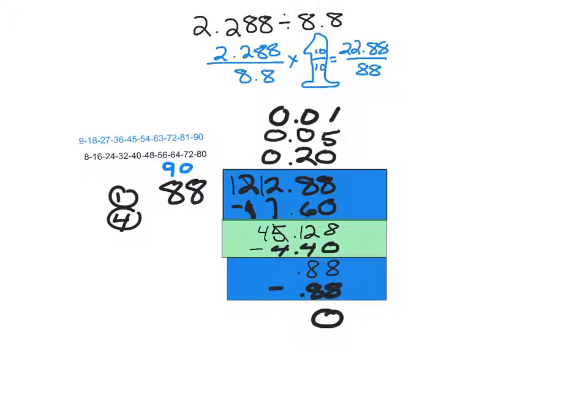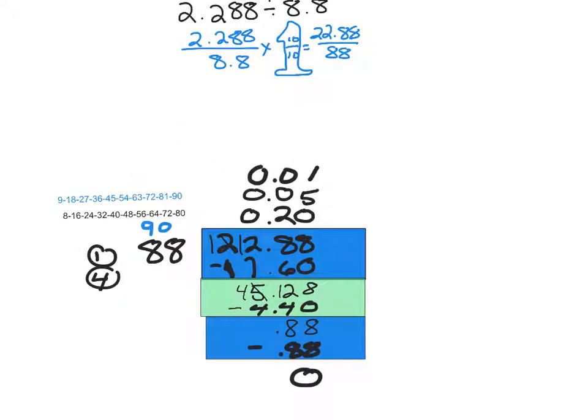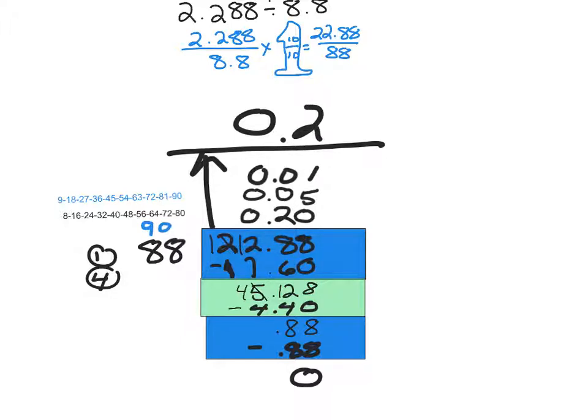So now all I have to do is add these up, right? So let's make a little room by getting rid of this. And here we go. I'm going to draw my line, and I'm adding up like this. So I get 0 in the ones column. I'm going to bring my decimal point up because that's very important. And then I've got 2 in the tenths column, so I plug a 2 right there. And then in the hundredths column, I got a 5 and a 1, so that's going to give me 6.